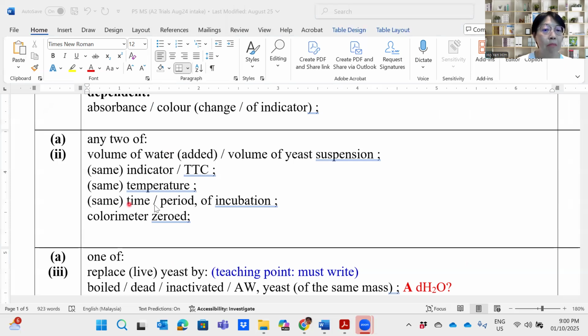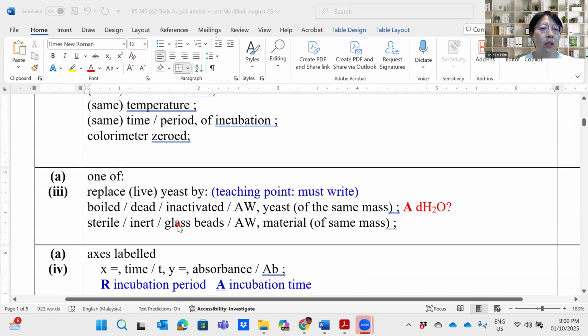Standardized in terms of same period of incubation, because they say fixed, okay? And then the colorimeter has been zeroed. So we put the solution where TTC has not changed color, and we use this as a zero. So we already standardized the zero for all the temperatures that you want to read later on. Okay? After the reaction.